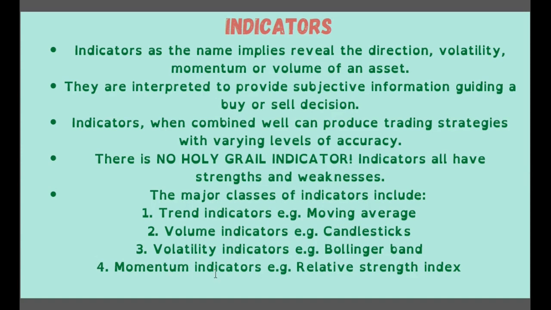We have the volatility indicators, Bollinger Band, and we have the momentum indicator, relative strength index. These are the four major classes of indicators, and a good strategy should have one representative from each of the classes.